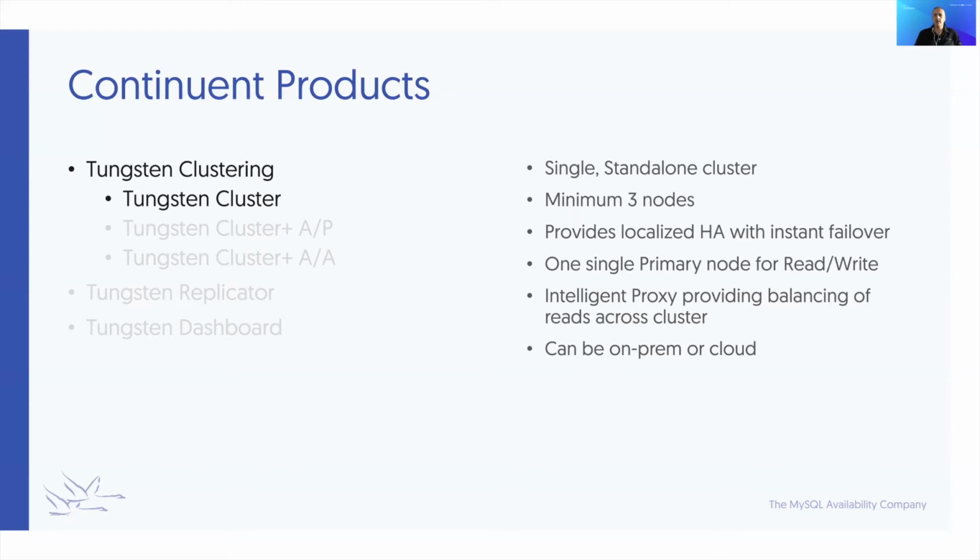The replica nodes are your read-only nodes, and that's where the intelligent proxy comes in and can intelligently redirect queries, whether it's a read-write query to the primary or whether it's a read-only query that we can balance across the replicas within the cluster. And again, this can be either on-premise or in the cloud. We support AWS, Microsoft Azure, Google Cloud. So we can integrate and work quite happily with all of these cloud services.